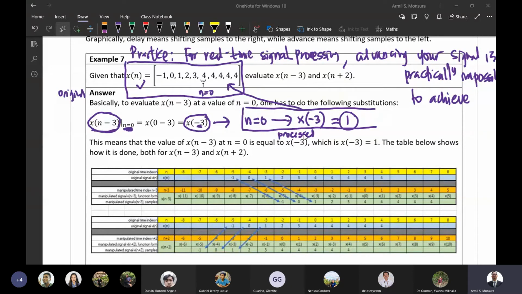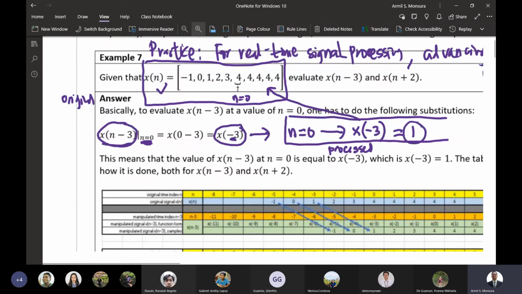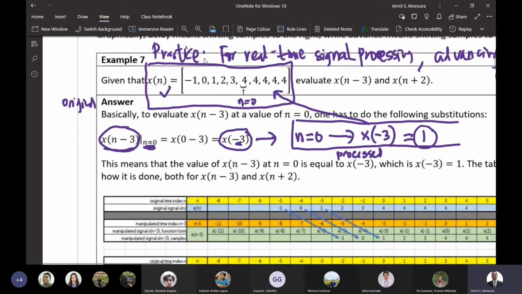Ngayon, pinakamagandang one way to actually look at this on a bigger scale is to actually put it on a table. Itabulate natin siya. Okay? So paano yung tabulation?